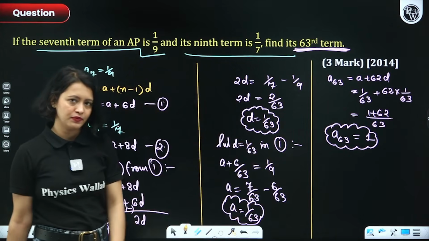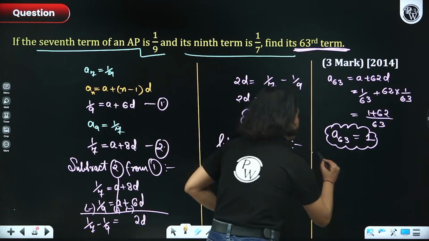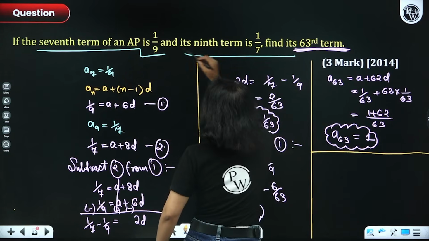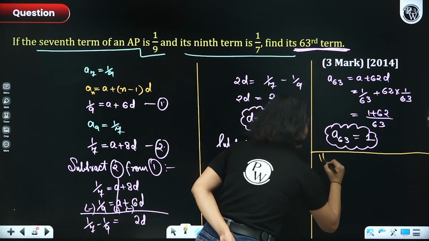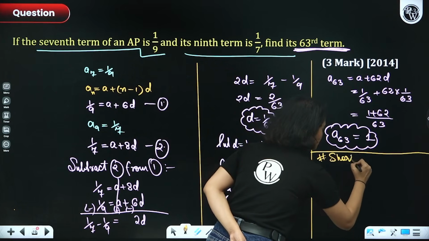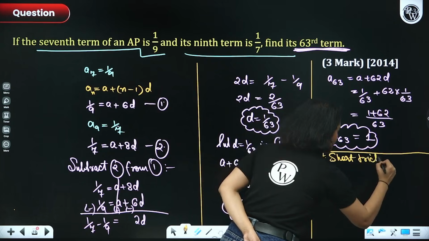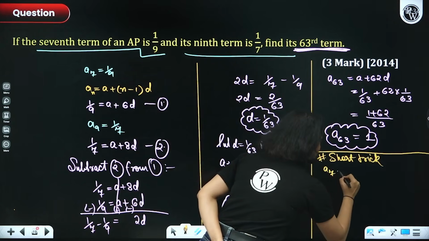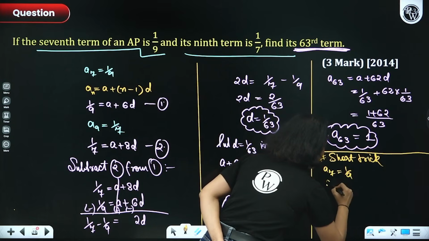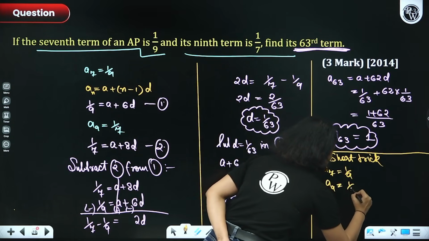So see here, what was given to us? Here, short trick. I was given that A7 is equals to 1 by 9, right? And A9 is equals to 1 by 7. This was given to us.